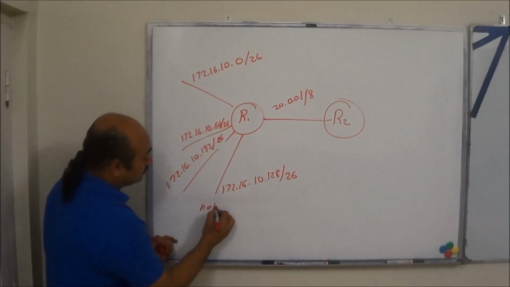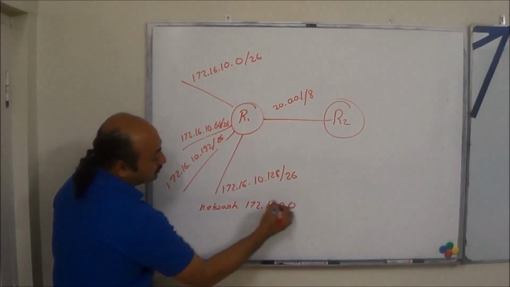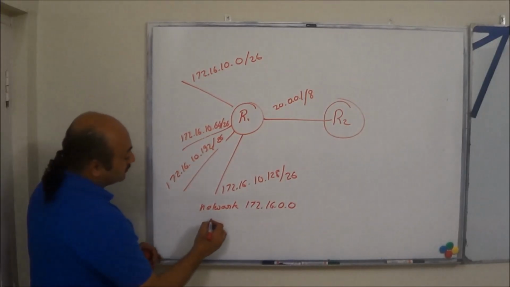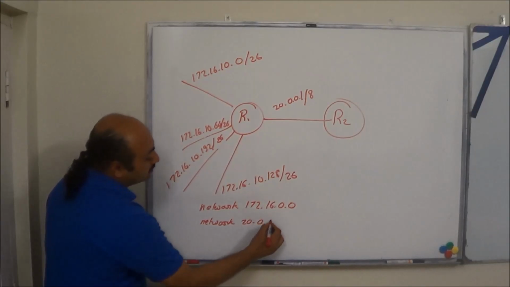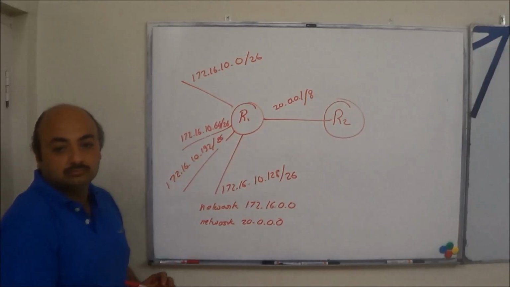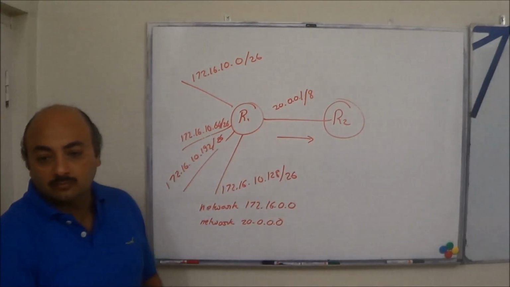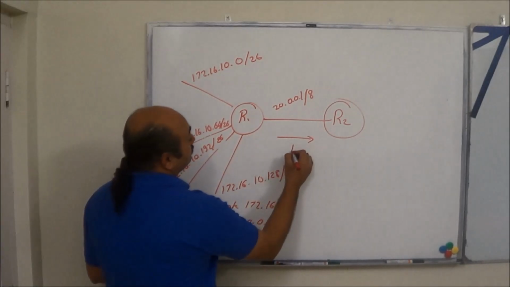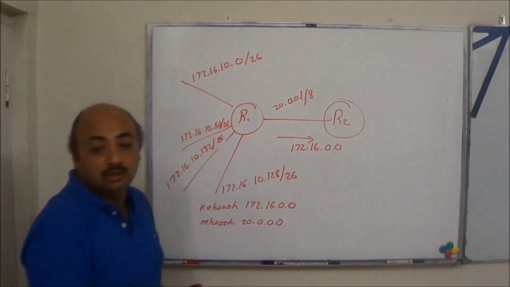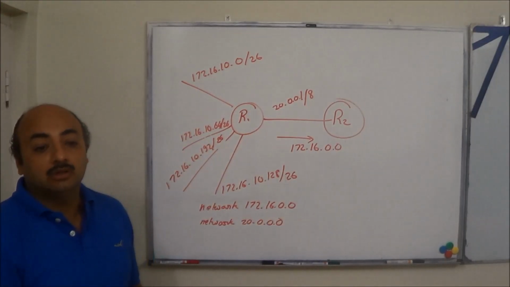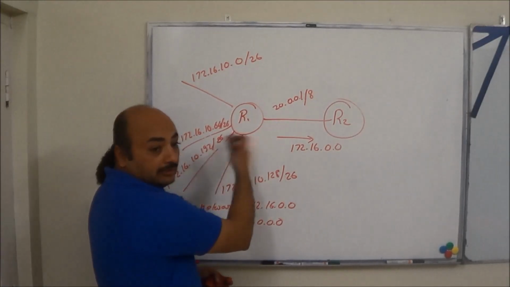Network 20. What will this receive? Only that. Why? Because this is the boundary of two different networks.